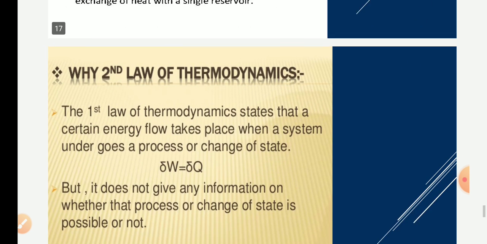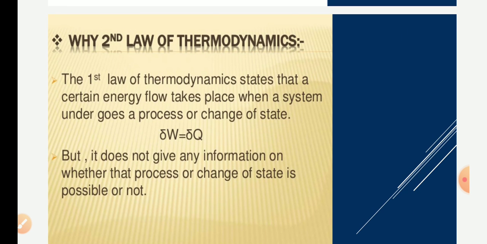Why did the second law of thermodynamics come into the picture? First, the first law of thermodynamics explains a certain amount of energy flow in a particular system, condition or process.